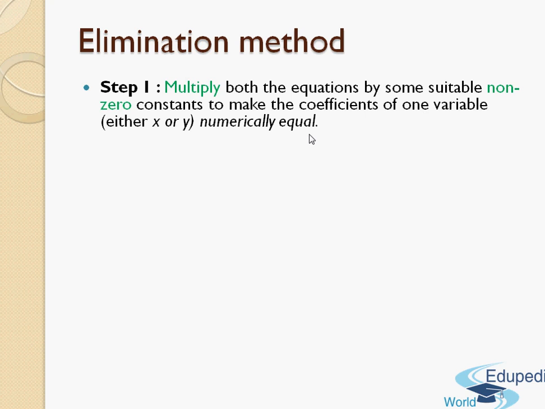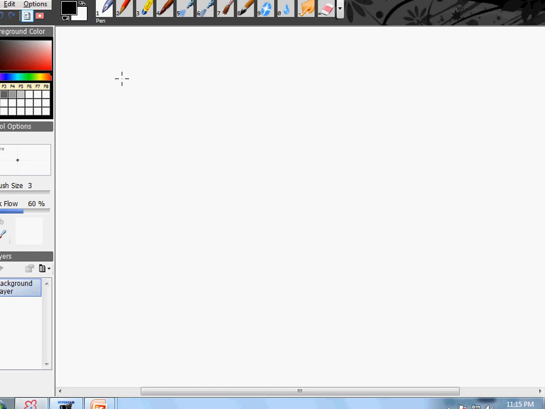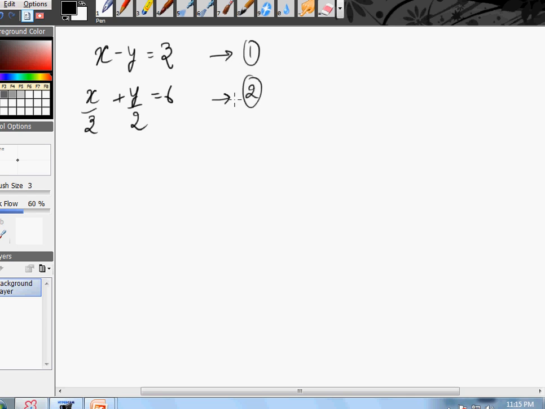Let us take a pair of equations to study this method more clearly. x minus y equals 3 and x over 3 plus y over 2 equals 6, labeling the equations as 1 and 2.